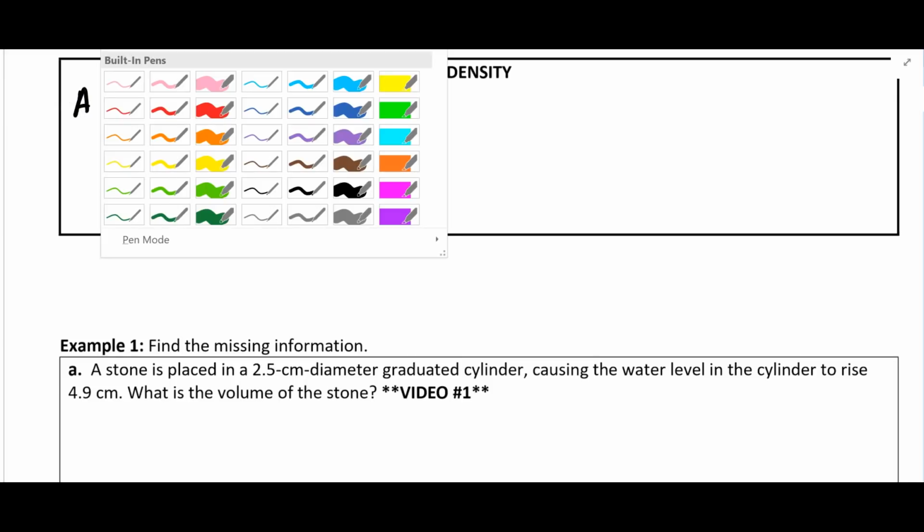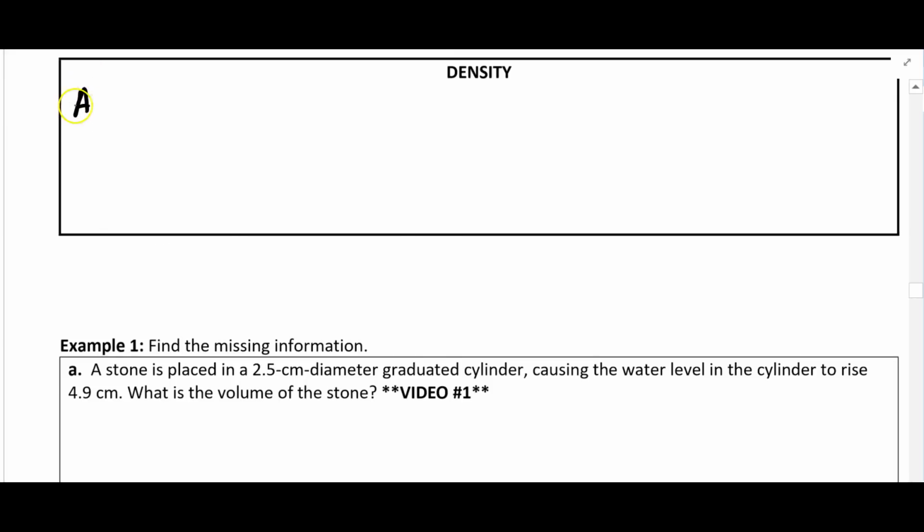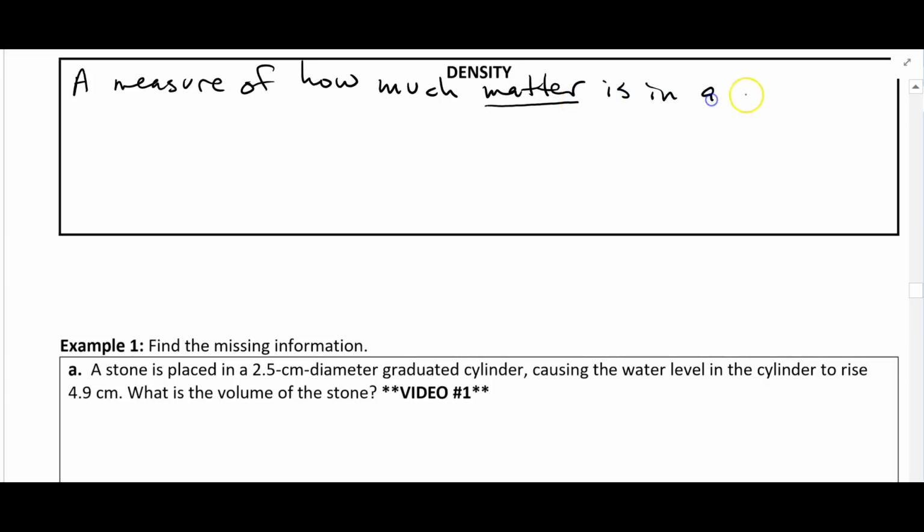A measure of how much matter, when I say matter, I'm just talking about the stuff that it's made of, is in a certain volume.